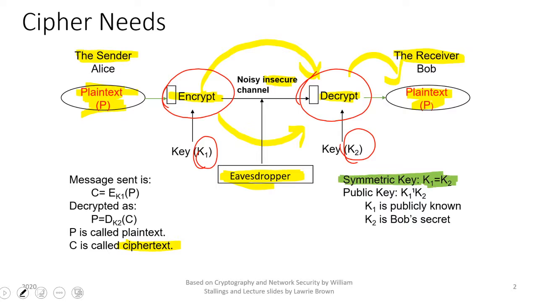And then in public key encryption, we have one key that is known publicly and the other key is secret. So we have one public key and one secret key. We will look at public key encryption in a bit more detail later on in the course, but today we are going to be focusing on symmetric key encryption.